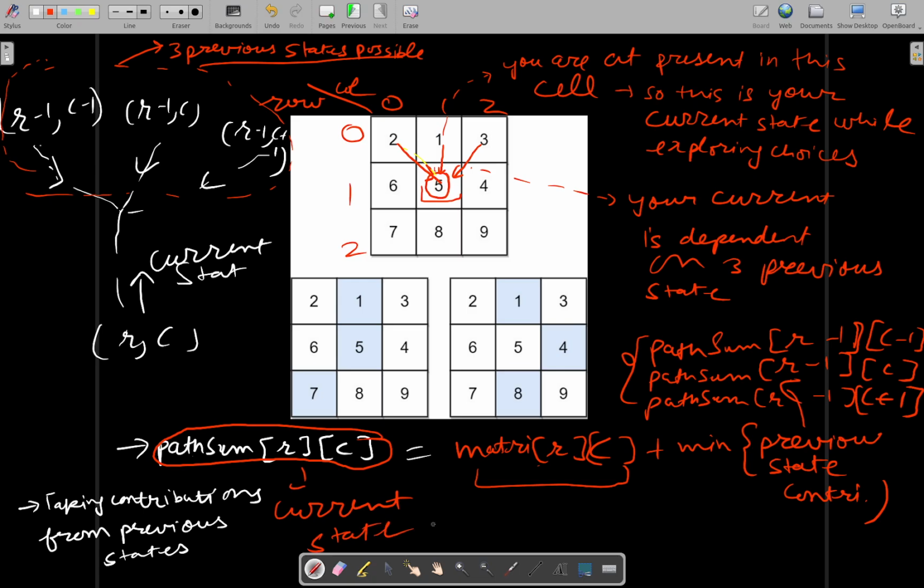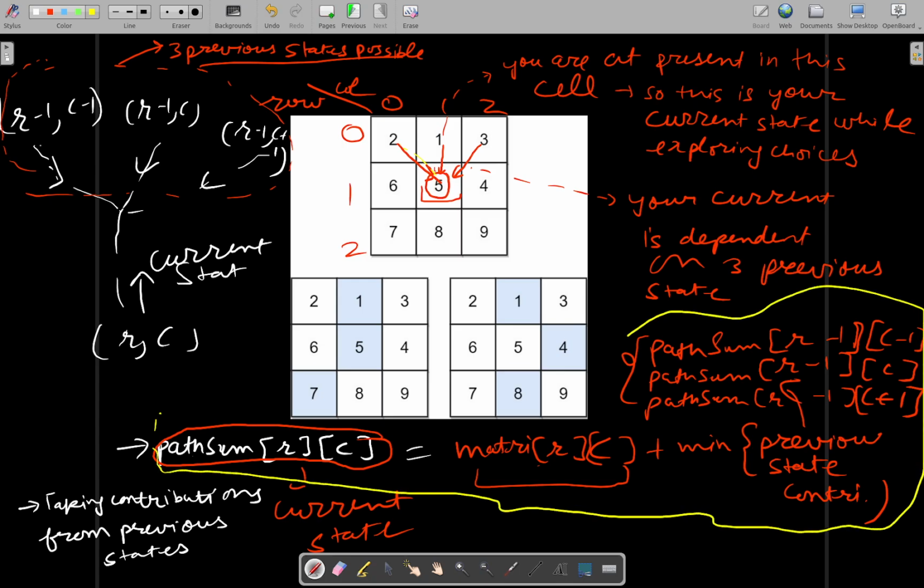So we are having a transition equation, a state transition equation, at our hands. This is what is called the state transition equation: according to which equation the states will be changing. This is what we will be using to form our solution.